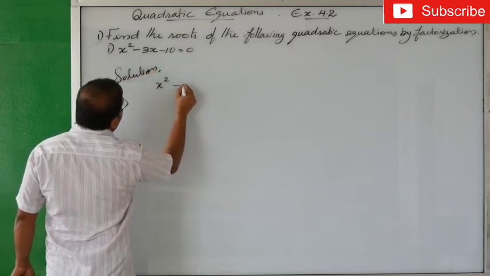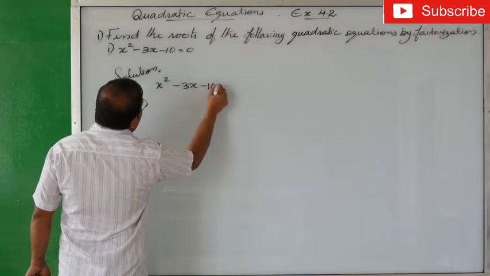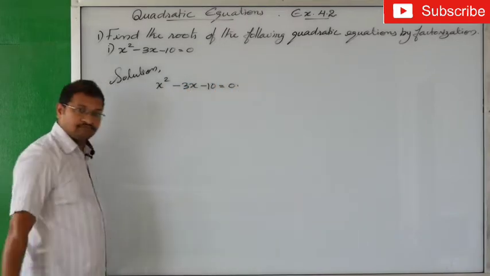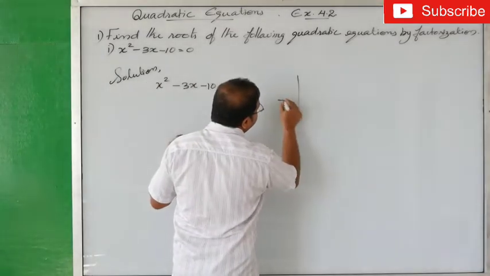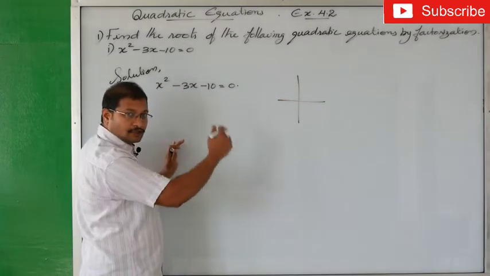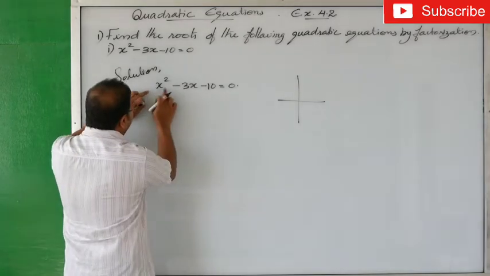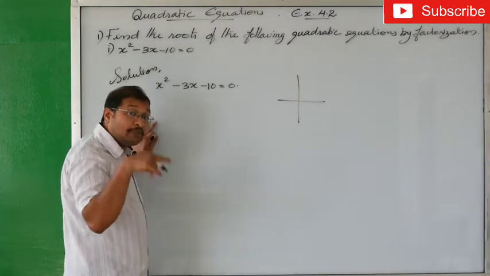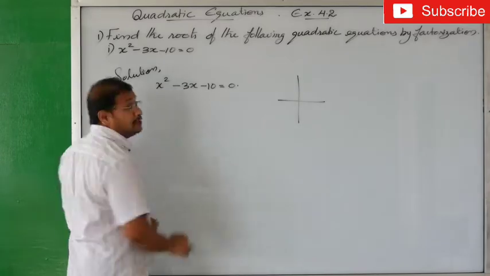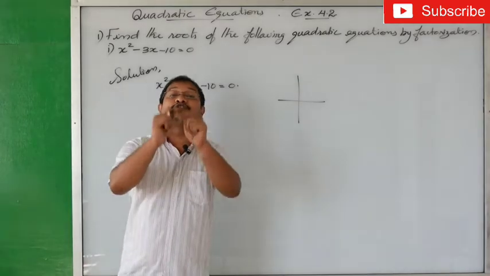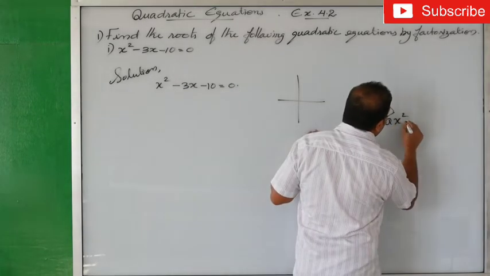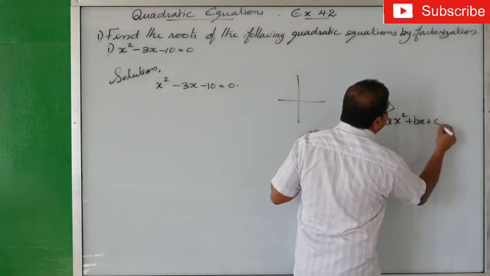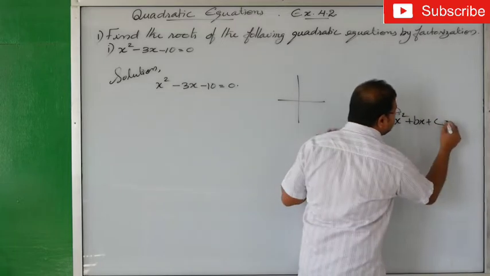x square minus 3x minus 10 equal to 0. Now, the number near to x square is called the coefficient of x square. We know the general equation ax square plus bx plus c equal to 0.